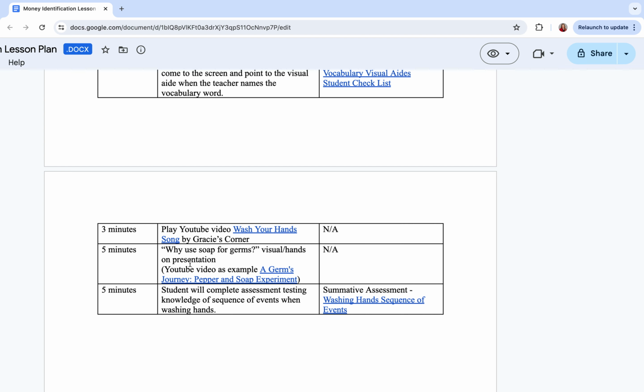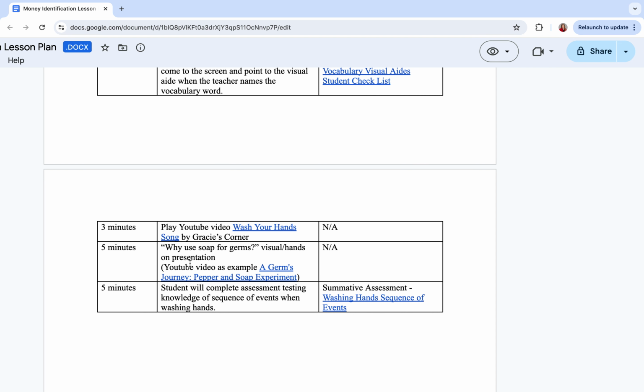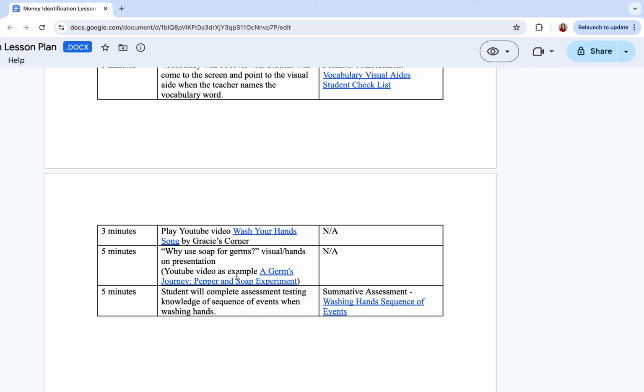This is a really wonderful way for Ben to be exposed to the importance of soap and how it works. Because germs are not able to be seen by our eyes, the pepper would represent the germs, and then the soap repels the pepper. There isn't a video here for an example, but we would actually do a hands-on experiment.